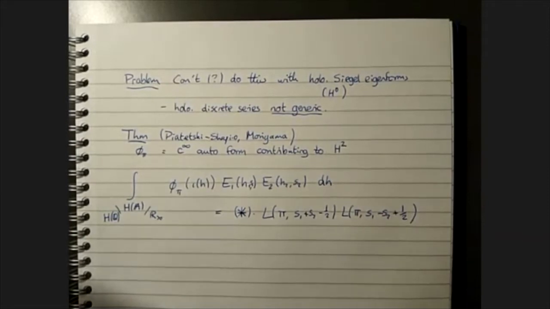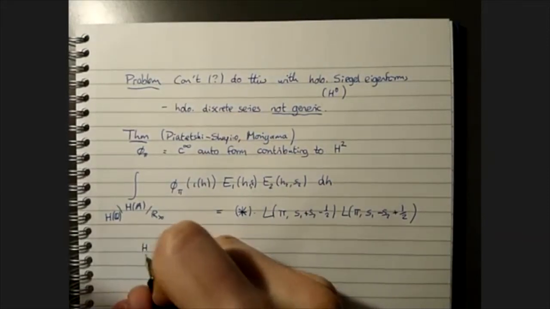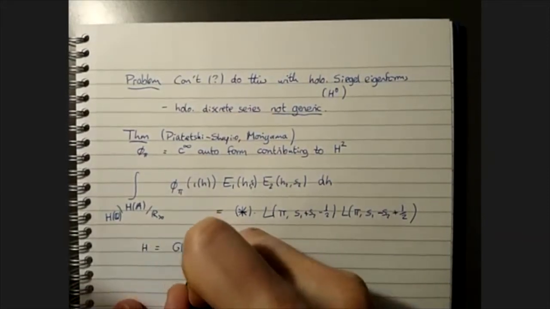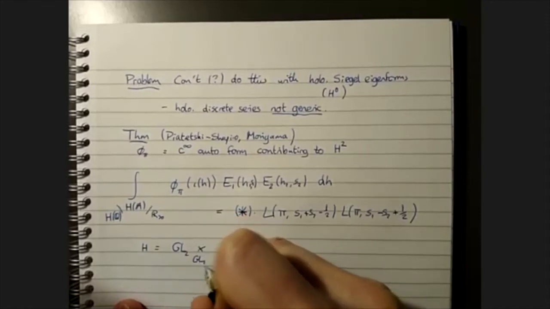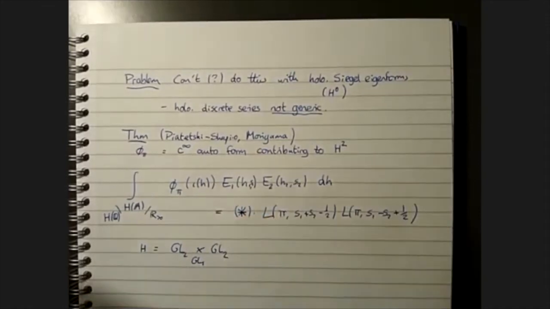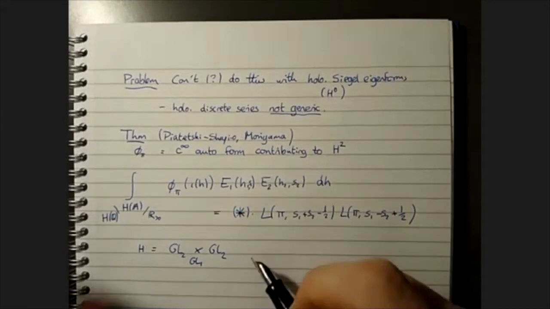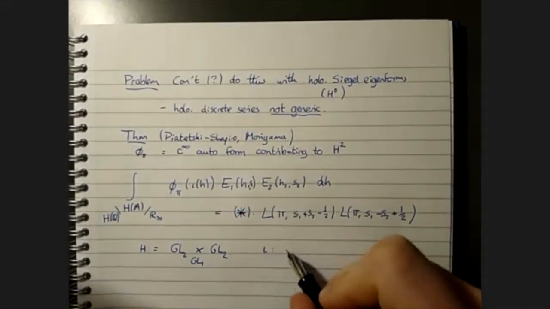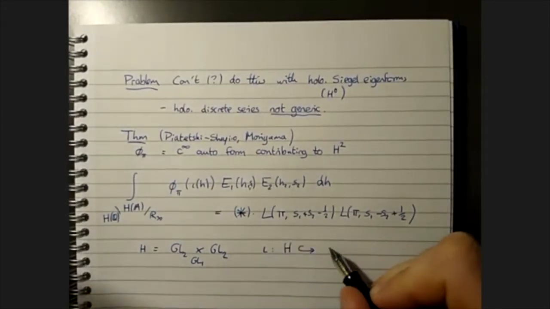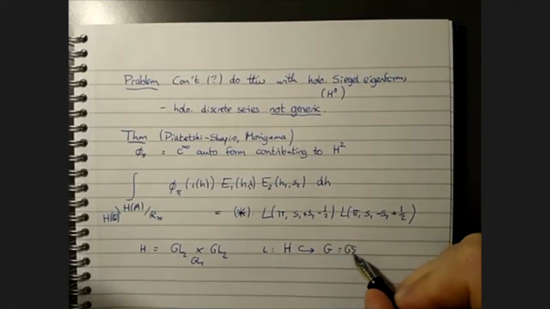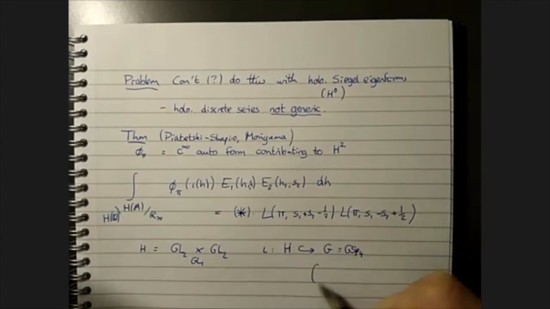And now let me define the terms involved. So H is the subgroup GL2 times GL2 over GL1, so just pairs of matrices with the same determinant. And we're embedding that into GSp4 as matrices that look like this.